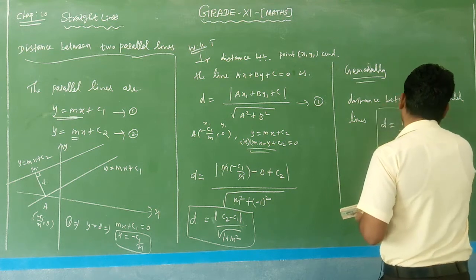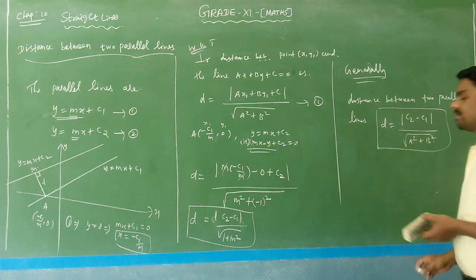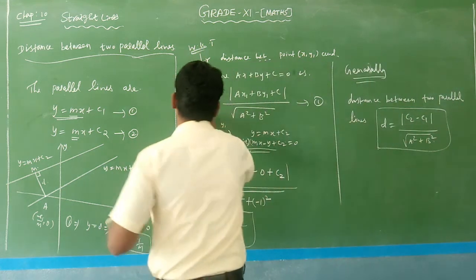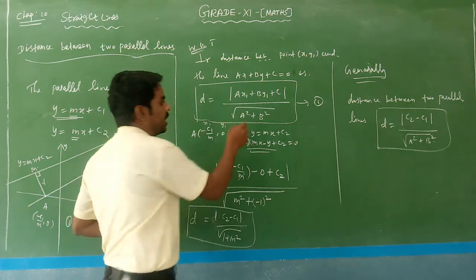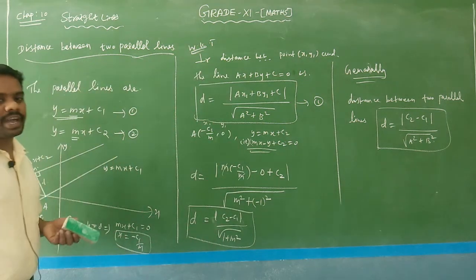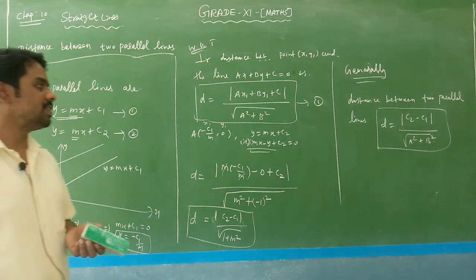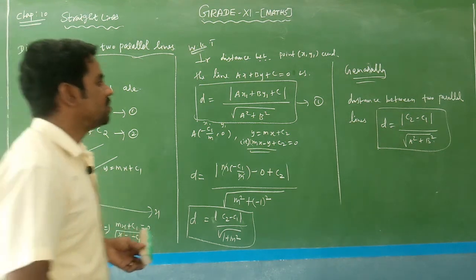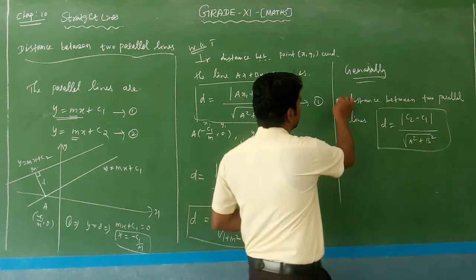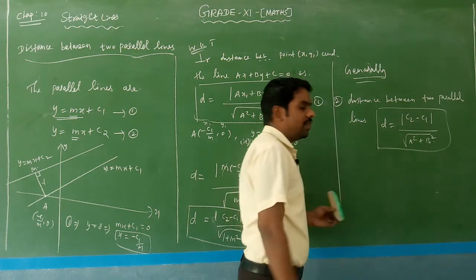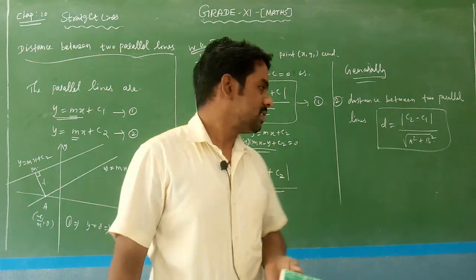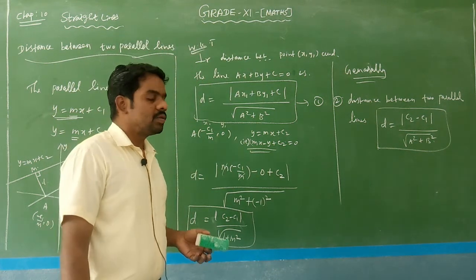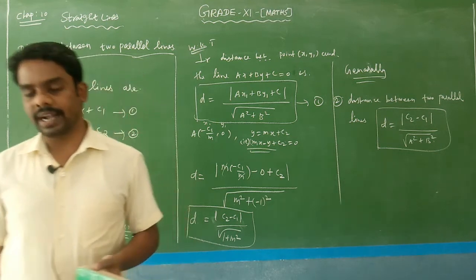This is the general formula for the distance between two parallel lines. So the first formula, the perpendicular distance between a point and a line, is d equal to modulus of ax1 plus by1 plus c divided by root of a square plus b square. The second formula, the distance between two parallel lines, is d equal to modulus of c2 minus c1 divided by root of a square plus b square. Okay, right.